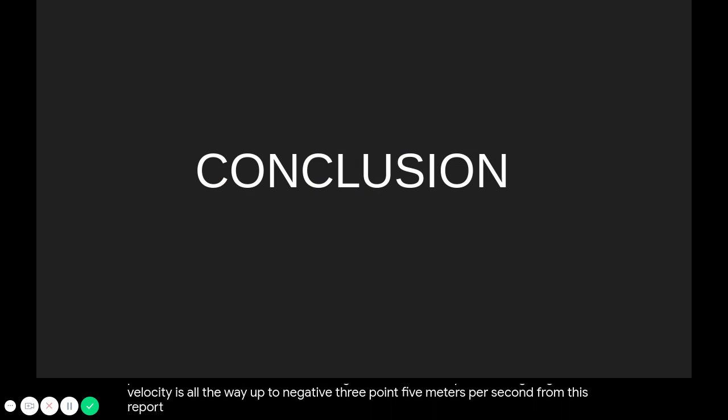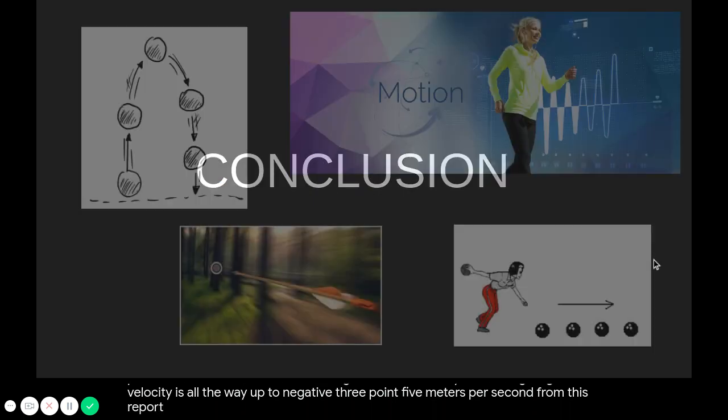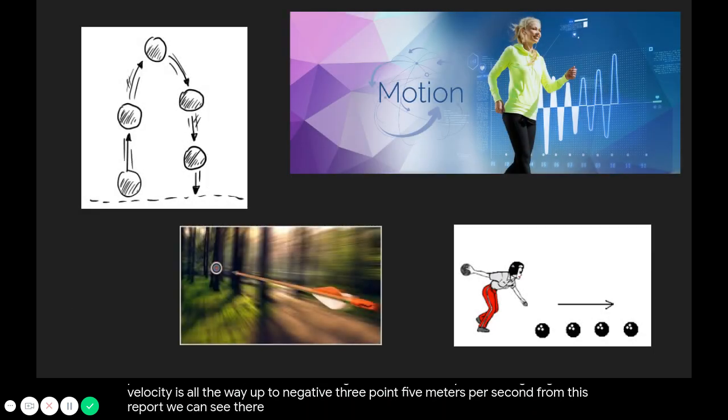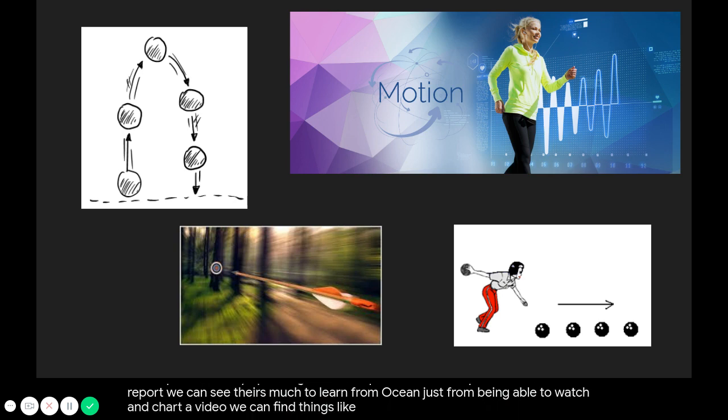From this report, we can see there's much to learn from motion. Just from being able to watch and chart a video, we can find things like speed, velocity, and then from there, acceleration and more.